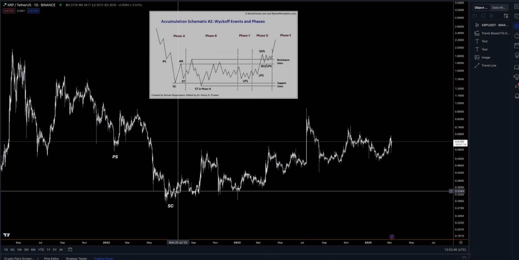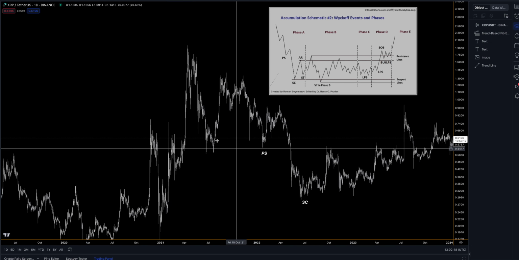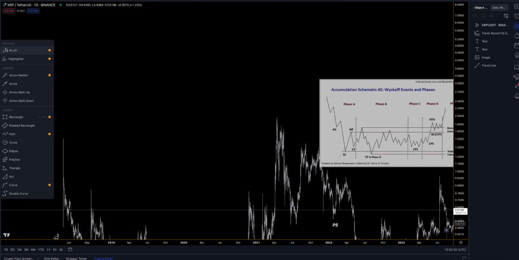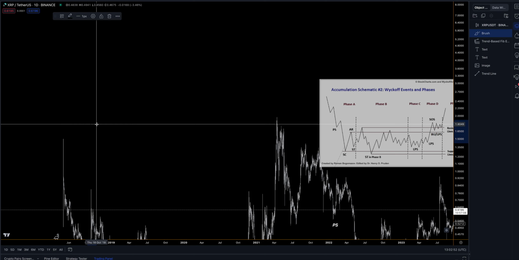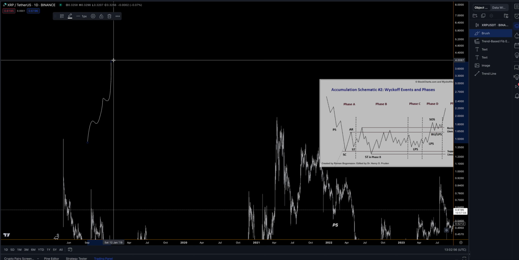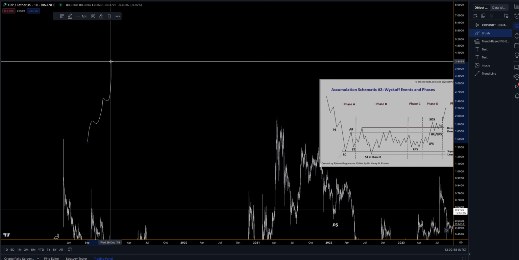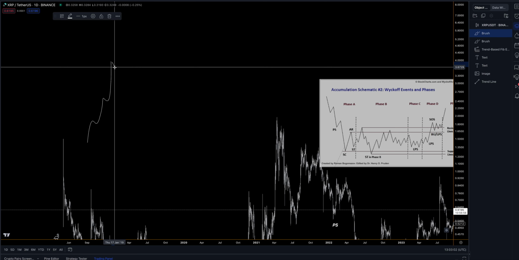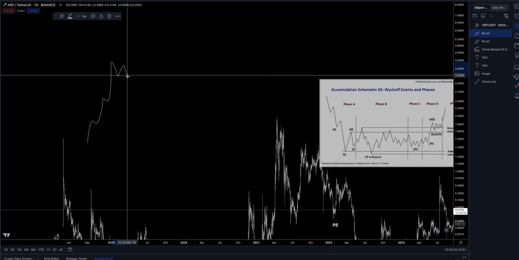Whenever you see a 5-wave move to the upside, you're going to see an ABC correction, which is expected, right? So you have your regular A, B, and C correction.